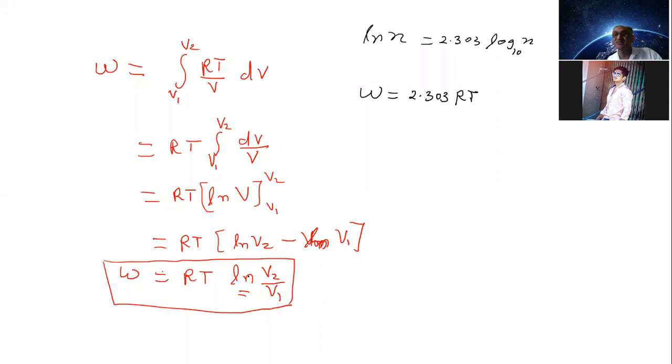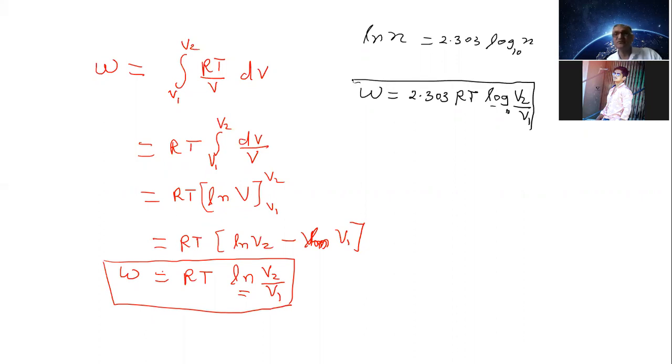This is the log to the base e. आता आपल्याला log to the base 10 मध्ये त्याचं कन्वर्शन करायचं, म्हणून आपण त्याला 2.303 ने मल्टिप्लाय केलं. And we write here log of V2 upon V1. बघा हा log लिहिला मी, हा ln लिहिलेला आहे. इथे याचा बेस किती आहे? 10. लक्षात.